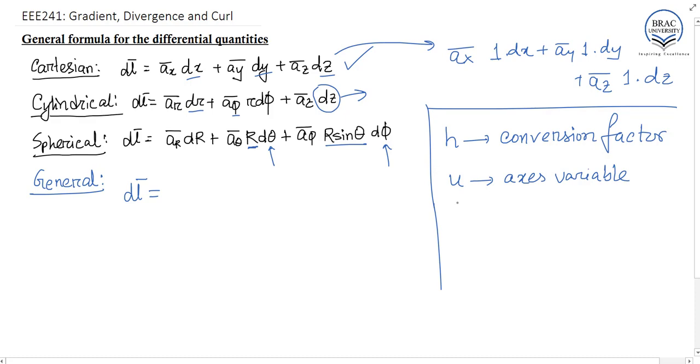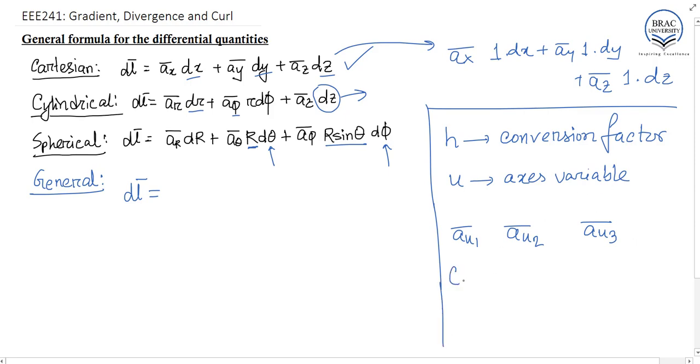So we can denote the unit vectors associated with the axis variables with a u1, a u2, and a u3. The bar means the unit vector, and the subscripts u1, u2, u3 denote the axis variables, alright?